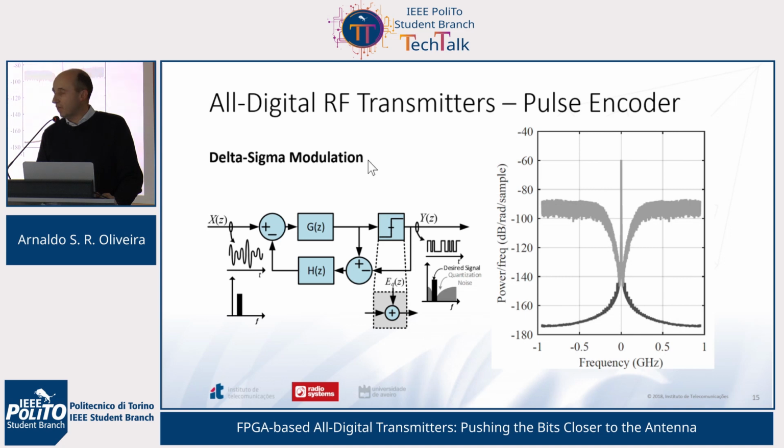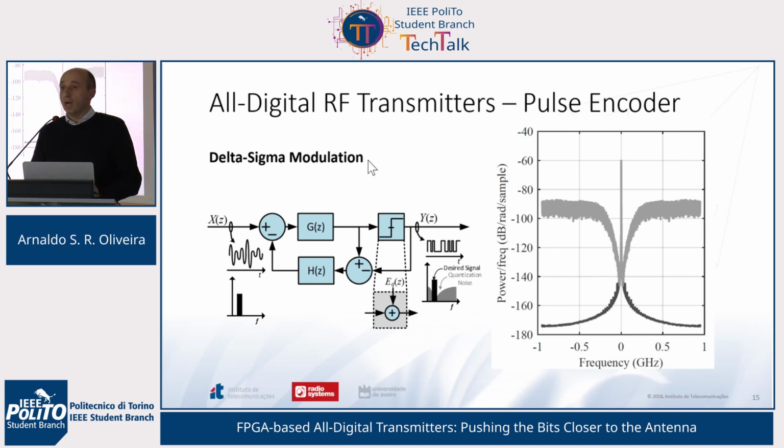Due to the noise transfer function, this is an ordinary delta sigma, I will not enter into details, but the idea is that due to the noise transfer function we apply, we try to remove the quantization noise away from the desired signal, which means that we have the desired signal at the notch of the noise transfer function, and then we have the quantization noise around. Again, to transmit this signal, we must keep the desired signal and filter all the quantization noise.